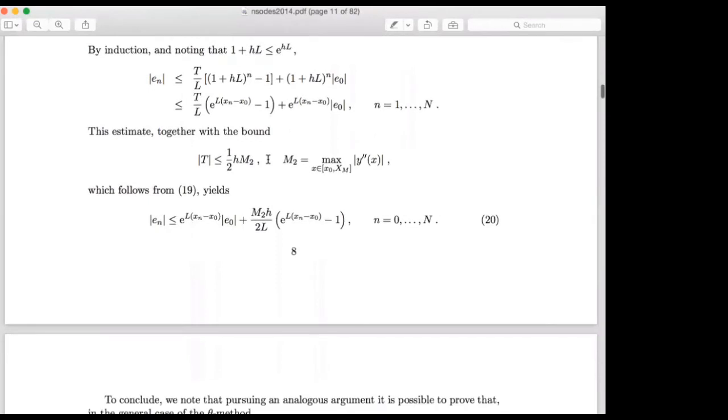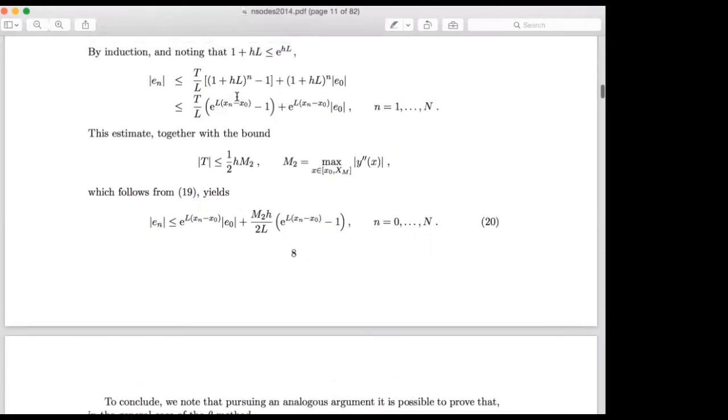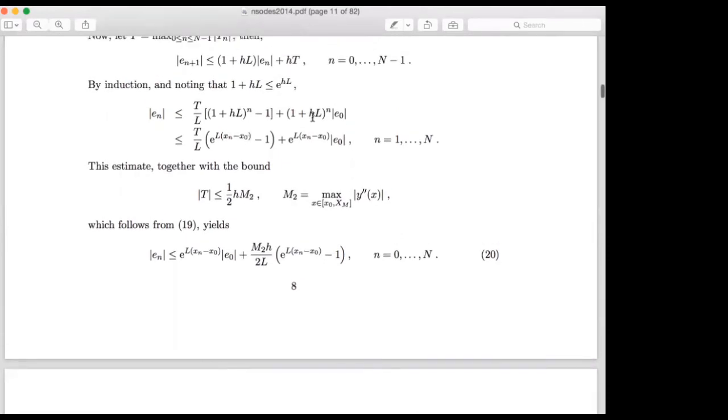So this is coming out to be L, and nh is xn minus x0, because h is equal to the length of the interval divided by the number of intervals.